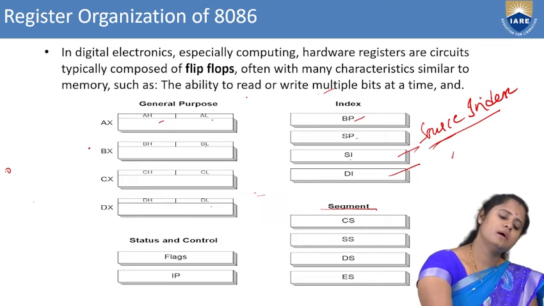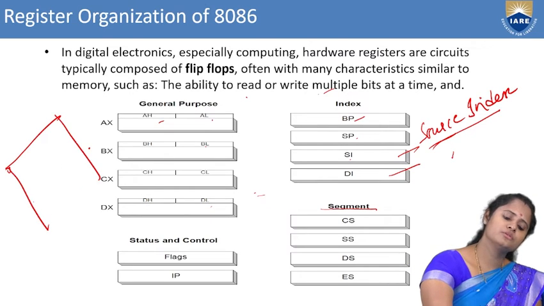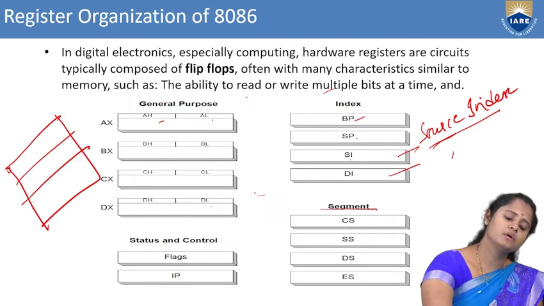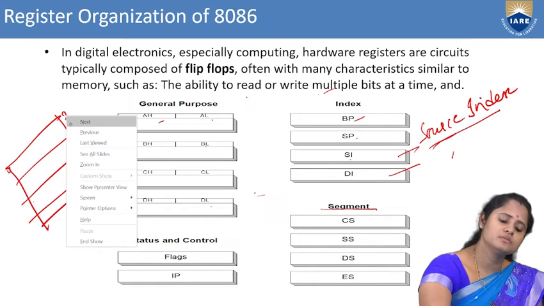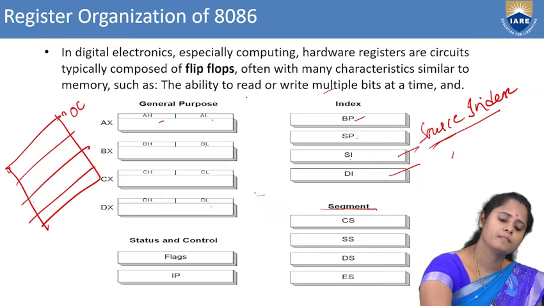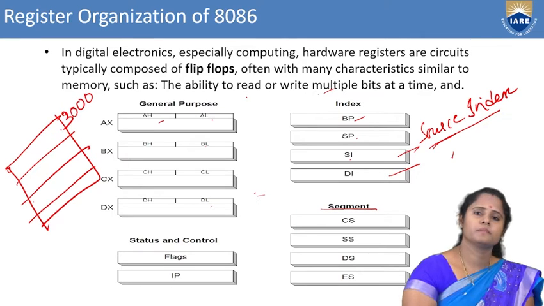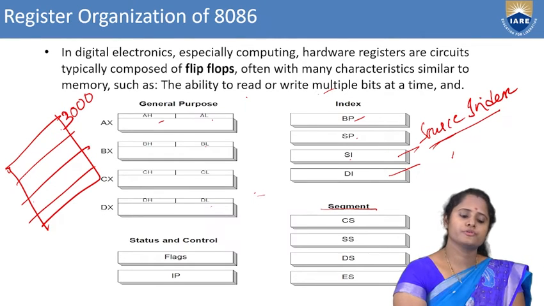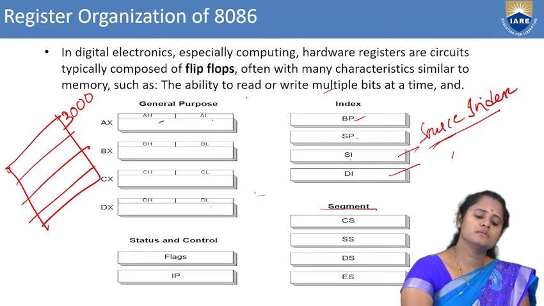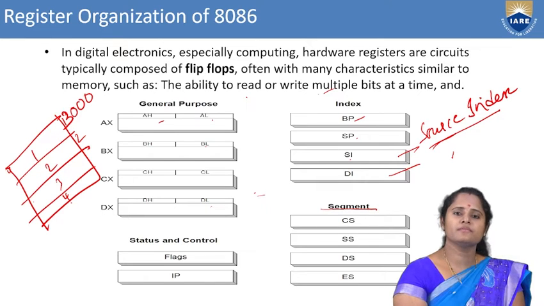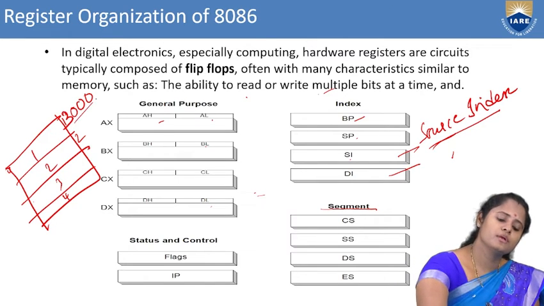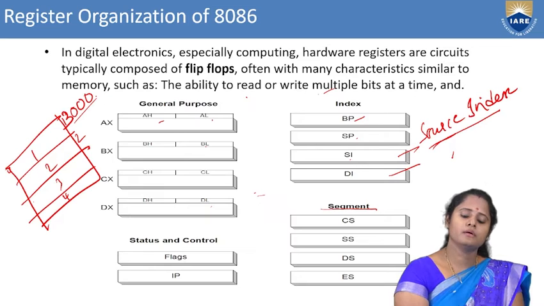Suppose I need to load the program in 3000 memory location. This 3000 is nothing but a string of data like 1, 2, 3, 4, which I need to give in the memory location 3000, right?